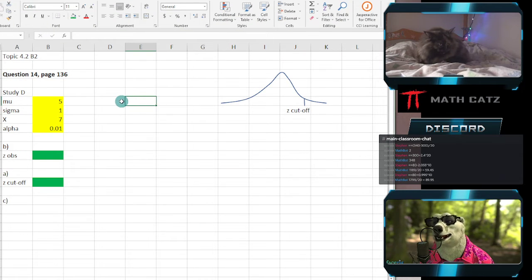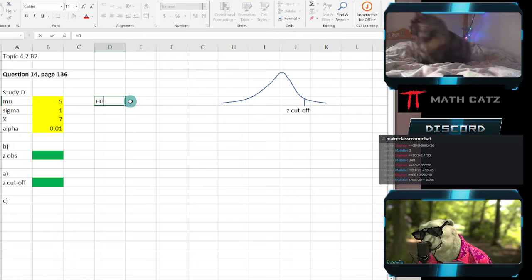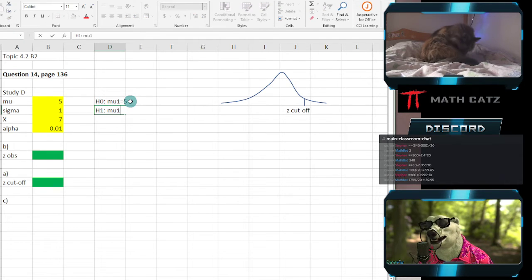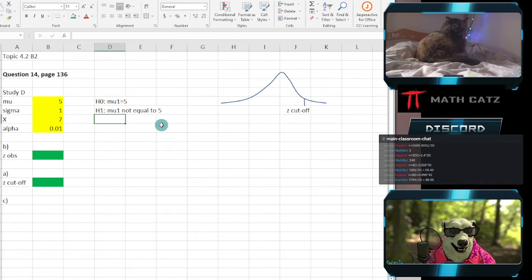So our null hypothesis, I'll put it over there. Our null hypothesis again is mu1, the population that we're investigating, is in fact 5, versus it is, now I don't have a not equal sign, not equal to 5. Let's just write it like that.